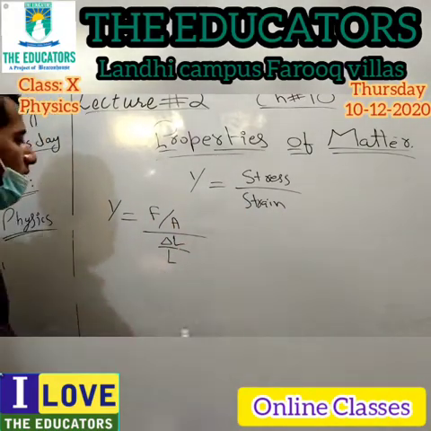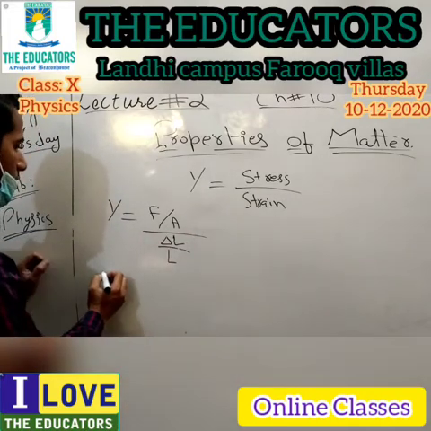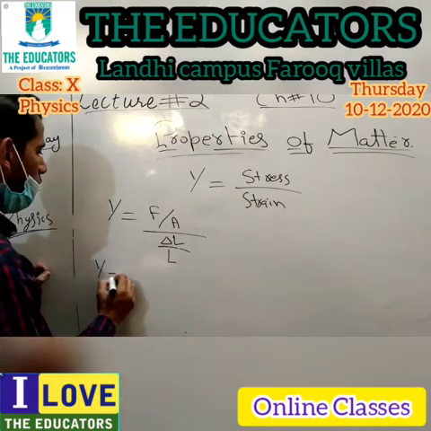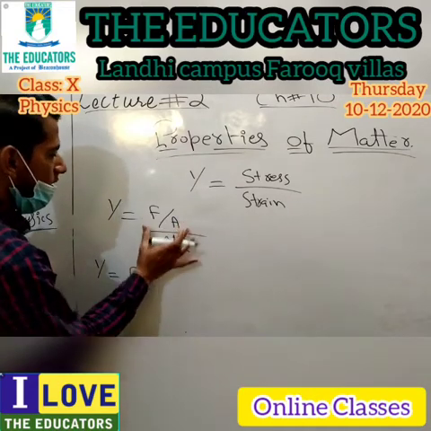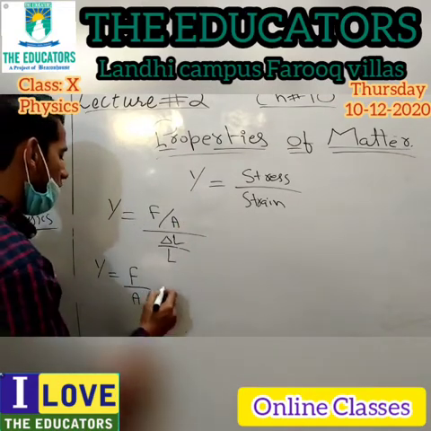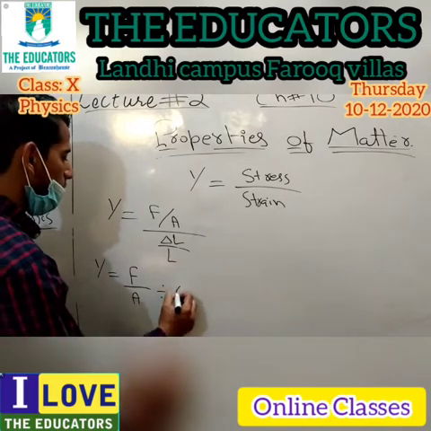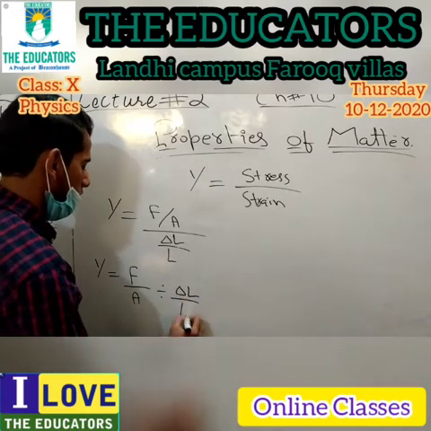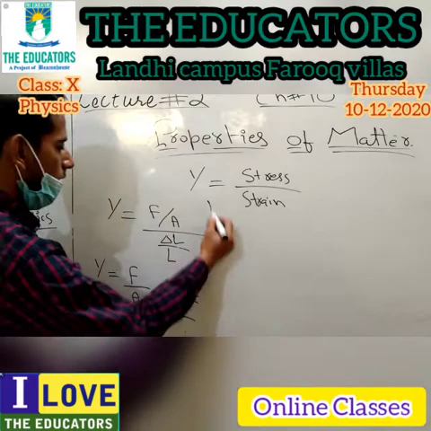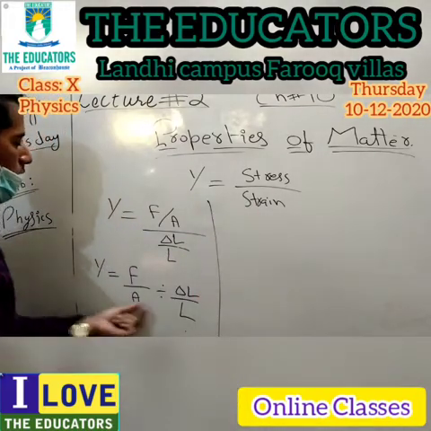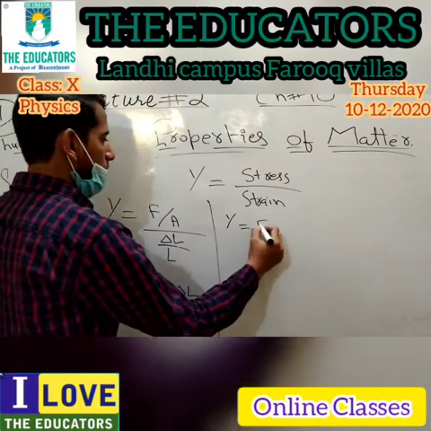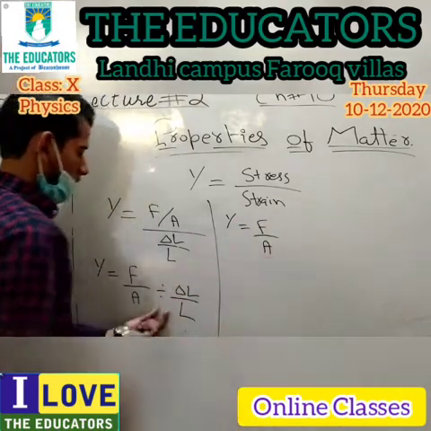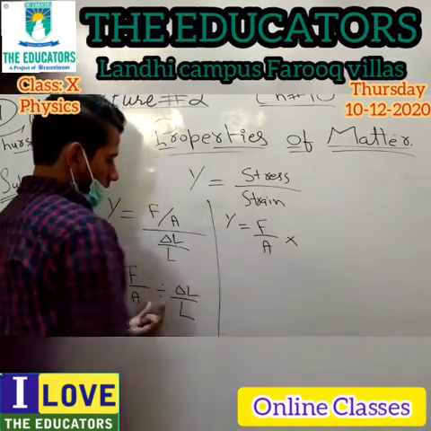Now let's simplify this statement. Y equals F over A, this whole thing divided by this whole thing. What if we write the sign of multiplication in place of the sign of division?